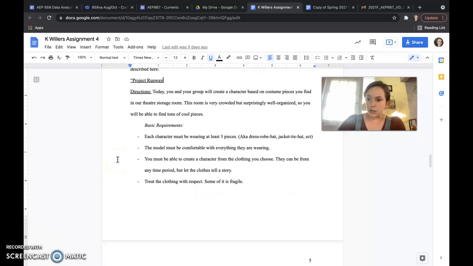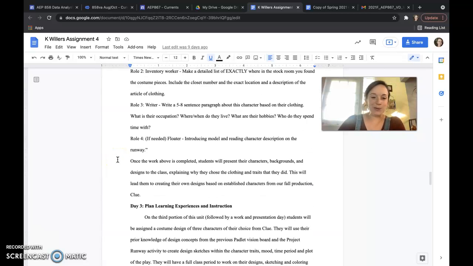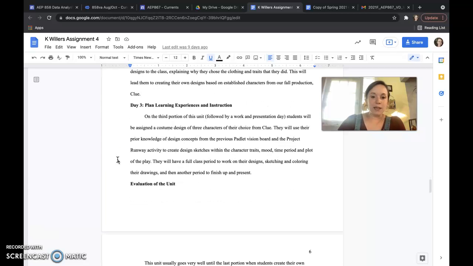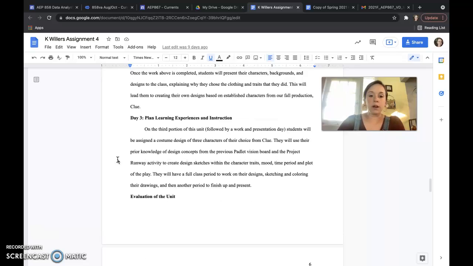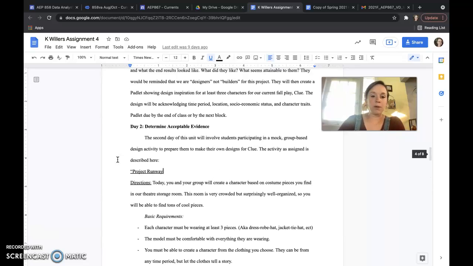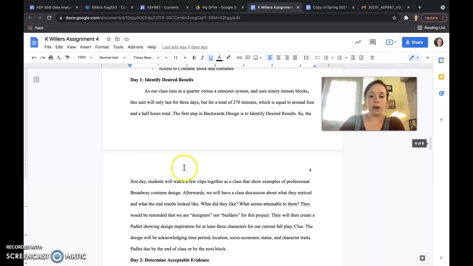The authentic application in this, beyond the Project Runway activity, is going through their Padlet board. So I'll go backwards just a little bit here.